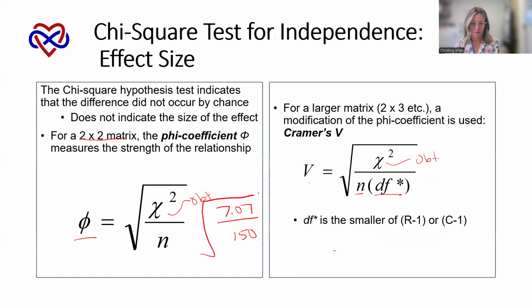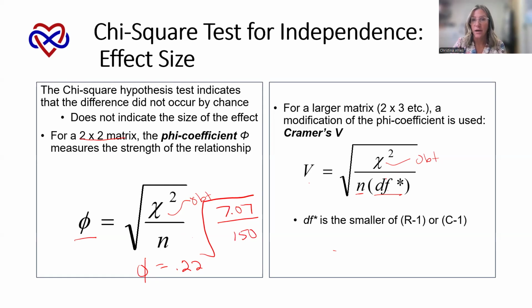Take the square root, and we should be getting a phi coefficient equaling 0.22. It's 0.21710, but I rounded it to 0.22.